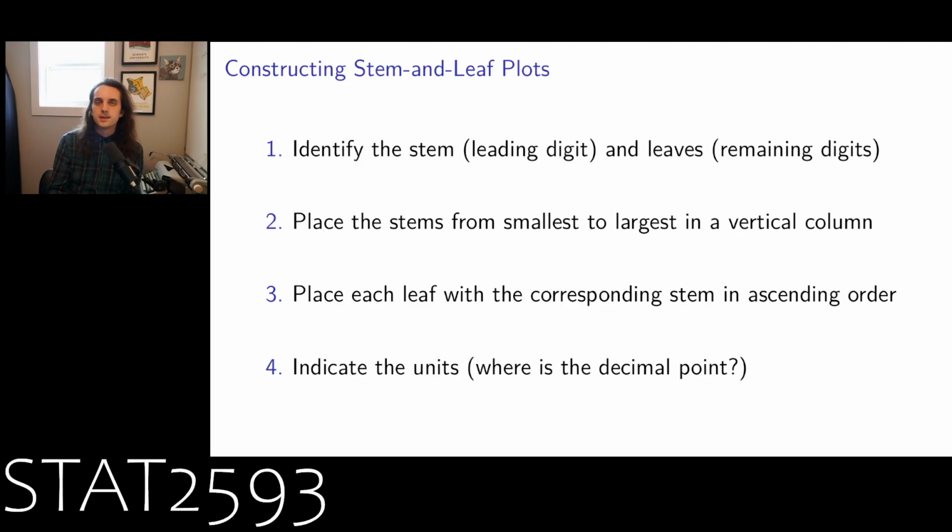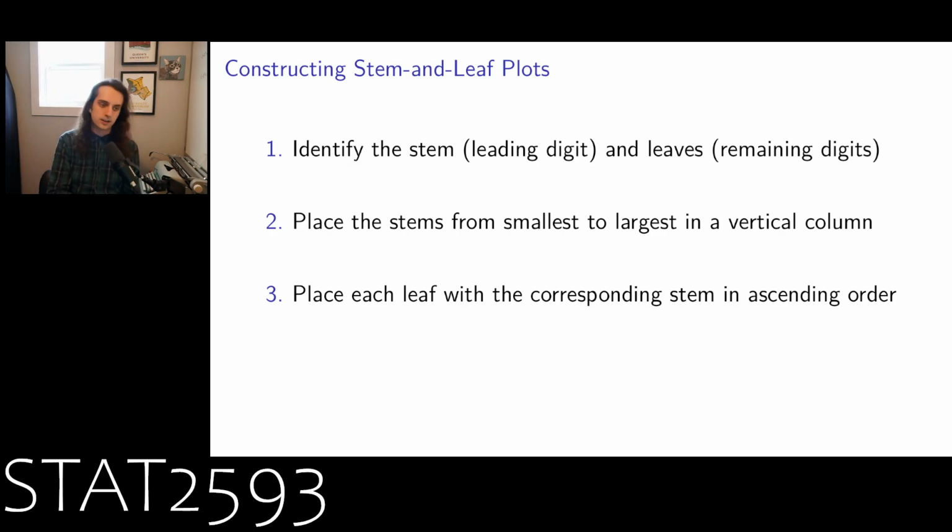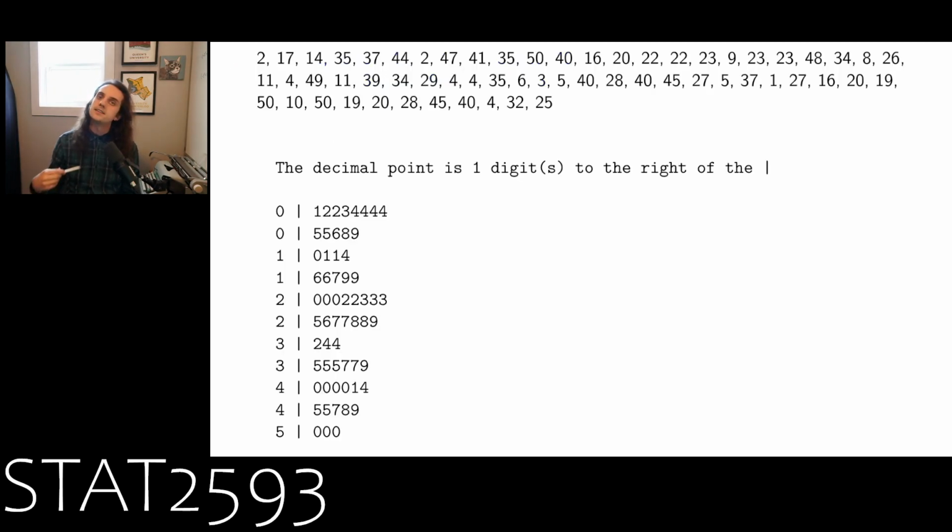And really all a stem and leaf plot is a different way of showing the whole data set, right? So you can go from a stem and leaf plot to the data set directly or vice versa. And the idea is that it's a lot quicker to look at our stem and leaf plot and determine where the values are falling than it would be if we're just looking at the numbers, right?